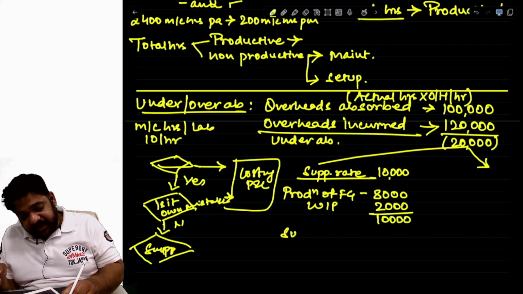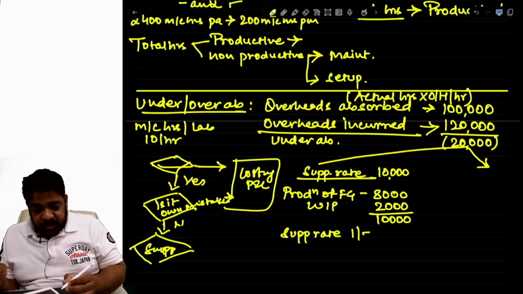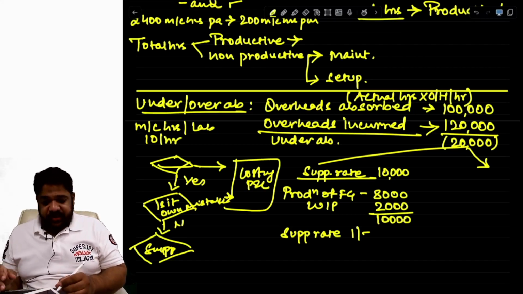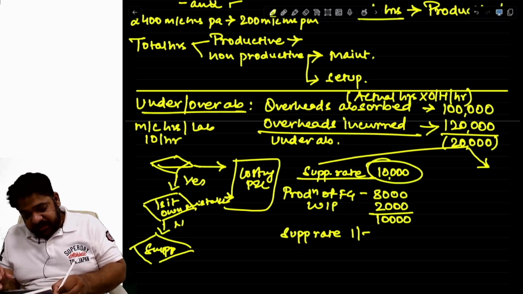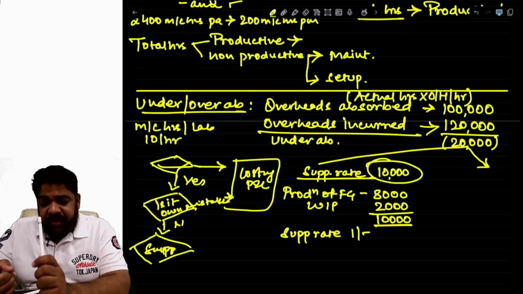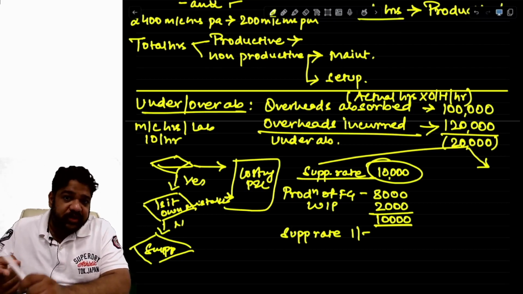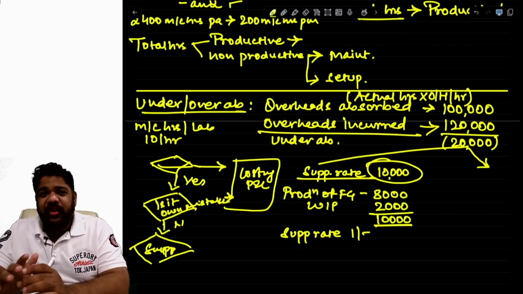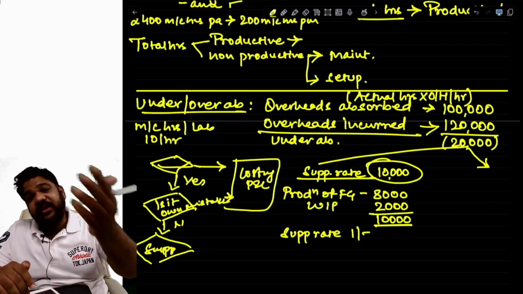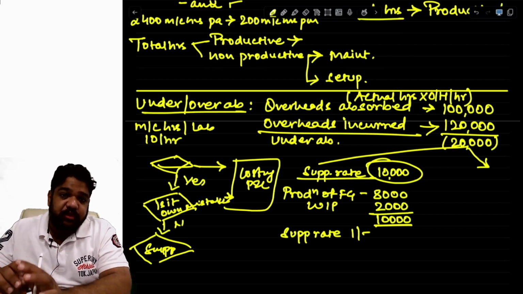So your supplementary rate is 1 rupee, that is the amount divided by the number of units. Please be sure that you include both the finished goods and WIP units together. They may tell you WIP is 50% complete, so convert it into 50% and then put it across.